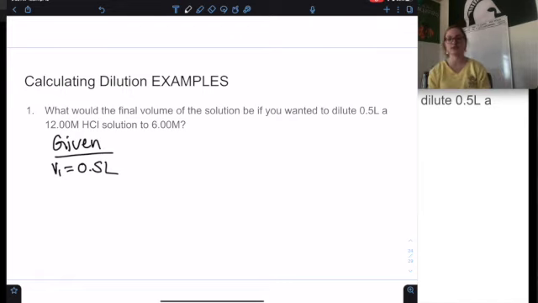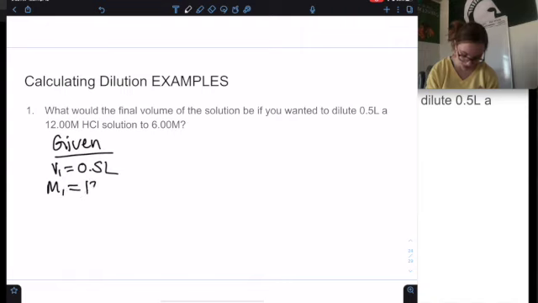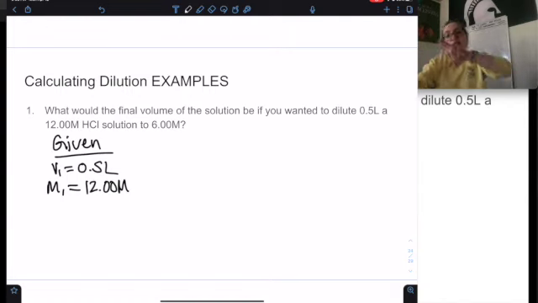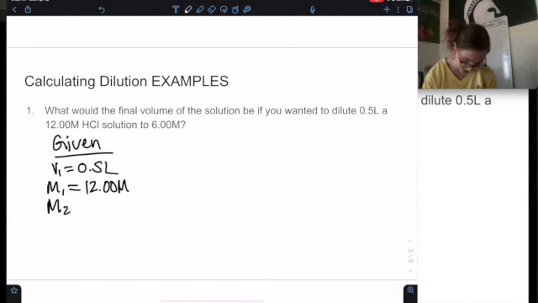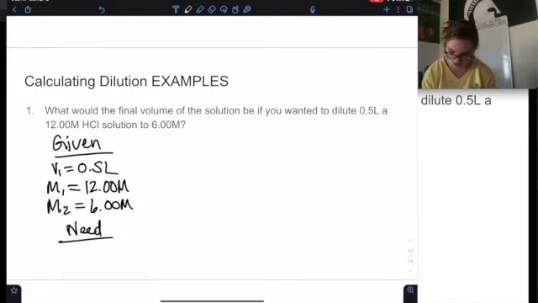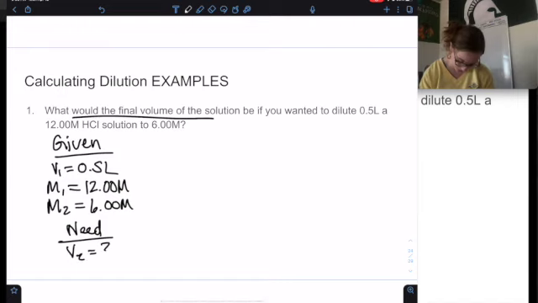Because that 0.5 liters is attached to that 12 molar HCl, that 12.00 molar is going to be our M1. Then I'm saying dilute that to 6 molar, so that tells me 6 molar is my time period 2, so that's M2, 6 molar. And what I'm looking for, what I need, the question says, what would the final volume be? So I want to know V2.